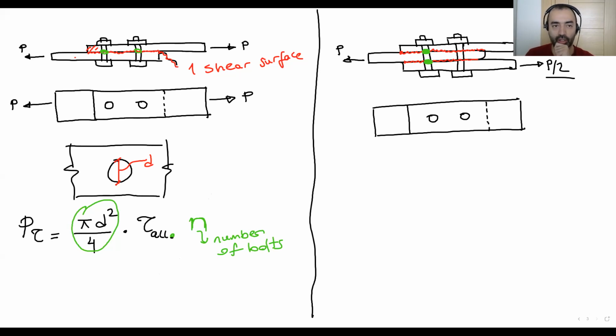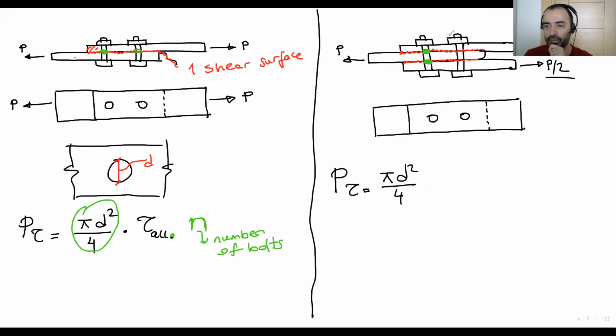Let's write the same equation for the second case. P_T. The bolt area is this. But for each bolt, since there are two shear surfaces, you can see the green areas here, two bolt areas work for shear.